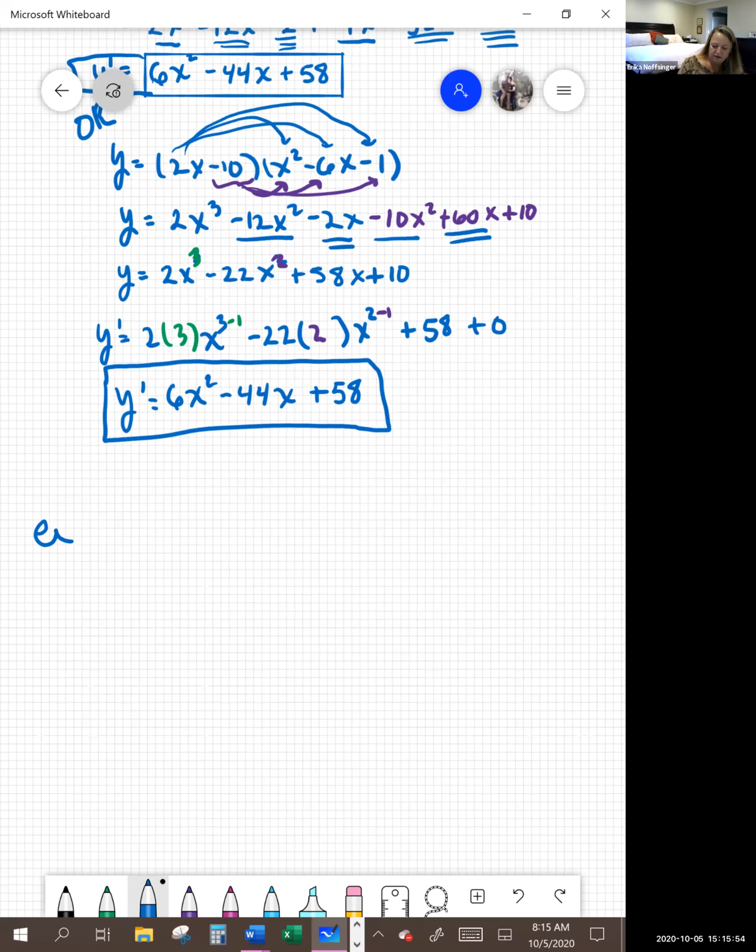So what if it was y is equal to 10x squared minus x minus 2, quantity squared.